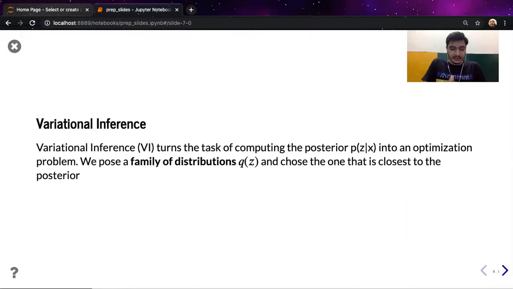Variational inference is not a sampling approach, it's an approximating approach where we are computing the posterior by an approximating distribution. And this particular distribution comes from a family of distributions, and we aim at choosing the one that's closest to the posterior. Since I'm talking about choosing a distribution that's closest, there is some sort of distance criteria involved.